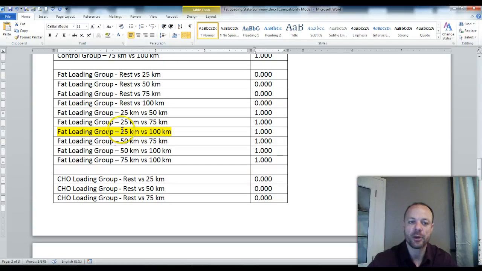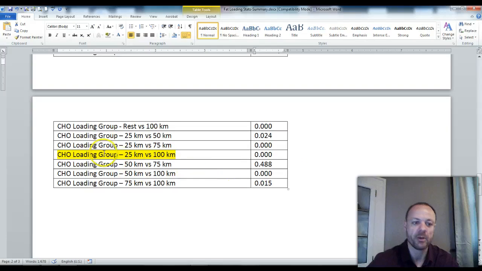Likewise, for the fat loading group, there is not a significant difference in RER from the 25 kilometer distance and the 100 kilometer distance. But for the carbohydrate loading group, there is a significant difference from the 25 kilometer distance and 100 kilometer distance with respect to RER, indicated by a p-value much less than 0.05.